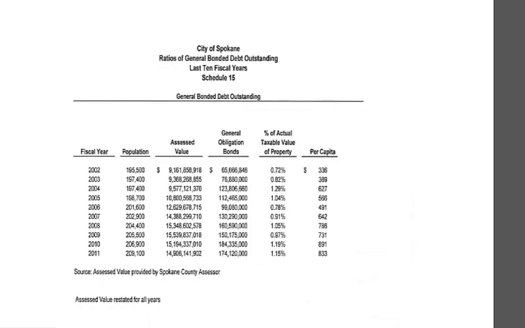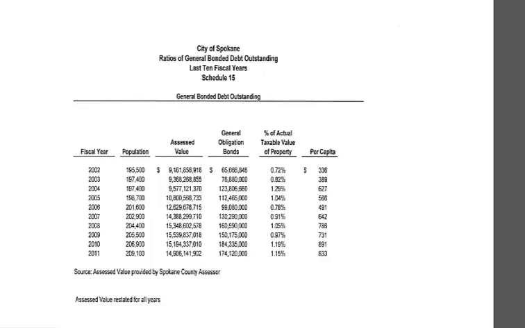For the denominator, population, the numbers are going to be found in the statistical section, and you may have to essentially sift through that section to find population.